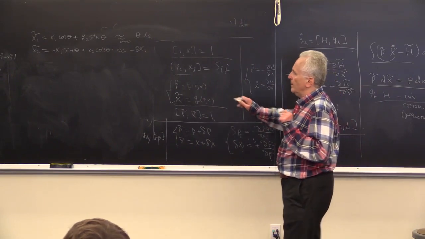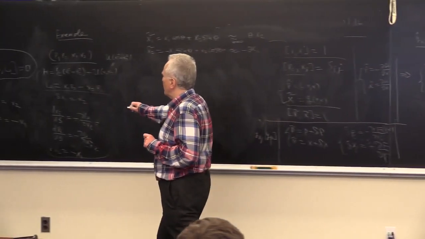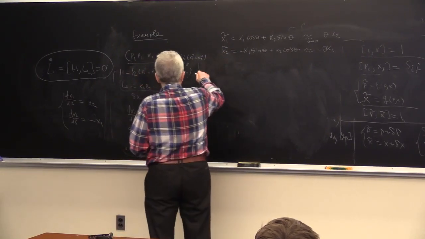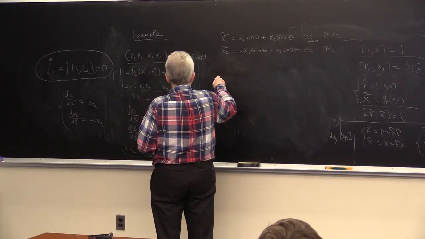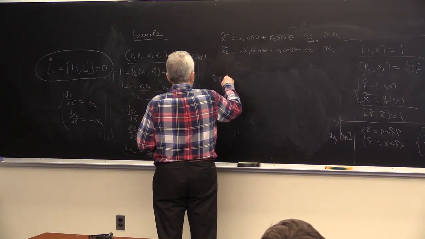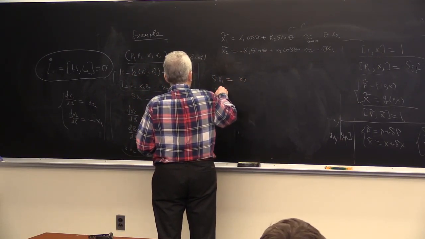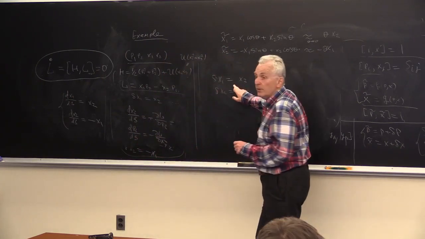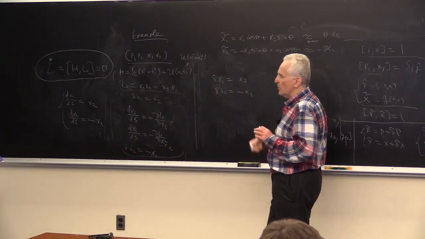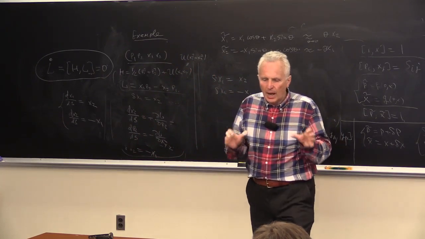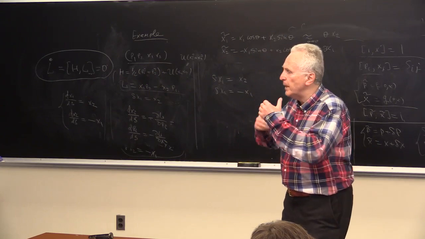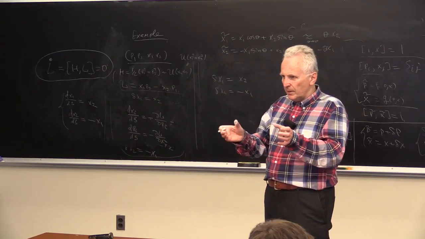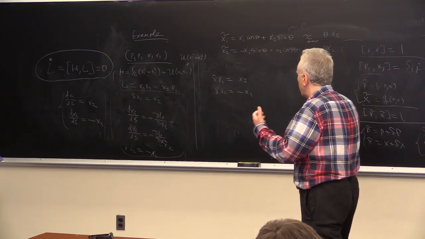But I'm now integrating. Here I wrote down delta x1, which is x2, and delta x2, which is minus x1, and this is infinitesimal. You may ask the question: by knowing infinitesimals, I should be able to reconstruct finite transformations. How do I do this?